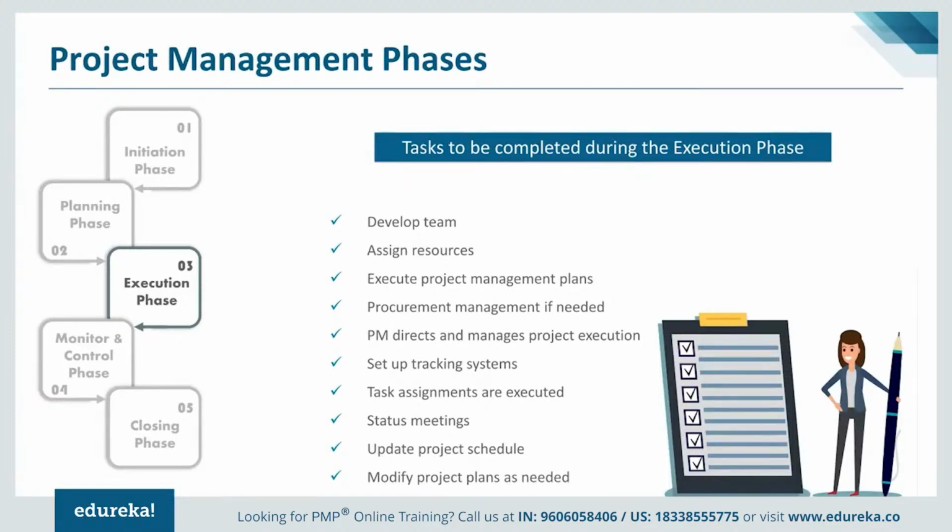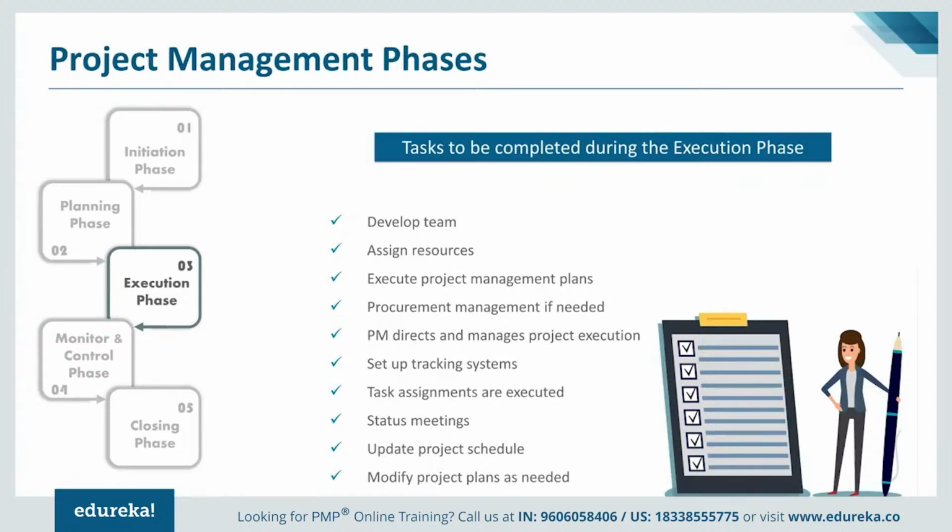So it could be MS Project, or it could be Clarity from CA, or it could be even a simple Excel sheet, or if it is an agile project, then you could be using certain workflow management tools like Jira, or for that matter, whichever the tool, VersionOne, Rally, etc., which you would be using. And that's where the task assignments will come into the picture. The continuous tracking will come into the picture, because these tools will actually help you in continuously tracking as well.